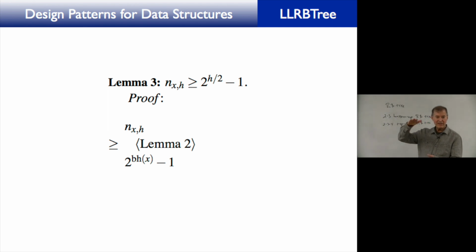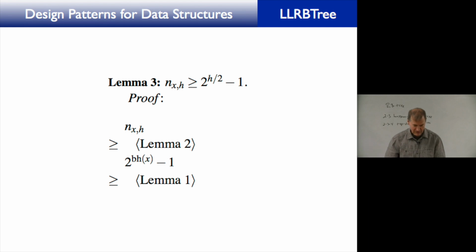But what did we see about the double? No path from the root to the bottom can be greater than twice the height of the shortest one. That was lemma 1.